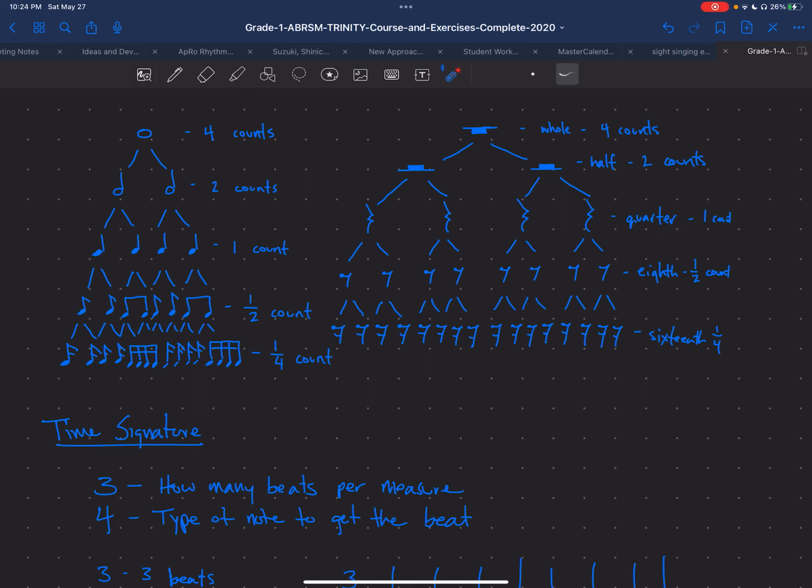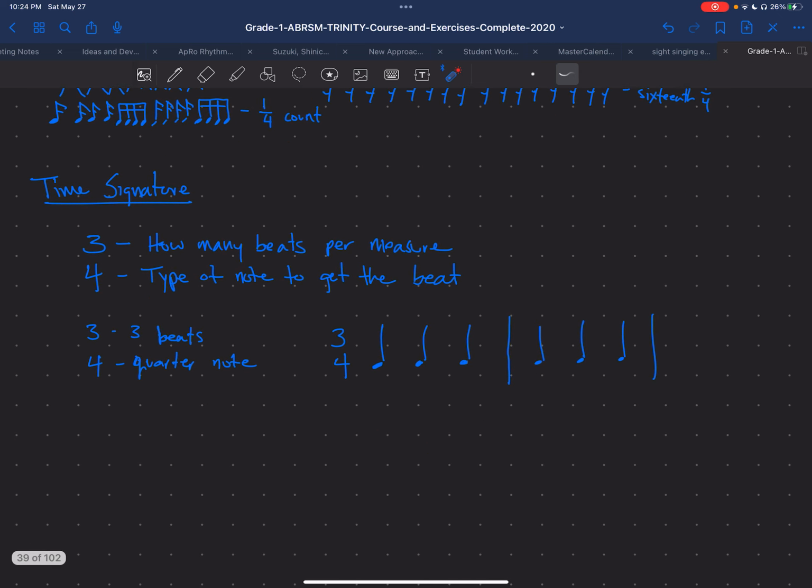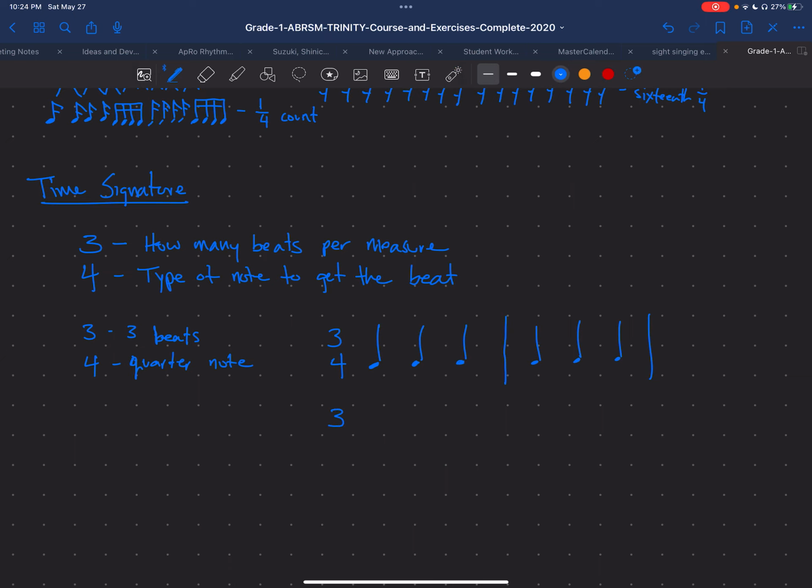So we could have 2 eighth notes, we could have 4 16th notes, we could have any combination of those for each beat, meaning that on our note values here, we could also have a 3/4 measure that has a quarter note, 2 eighth notes, and 4 16th notes. That's still a 3/4 measure. Then we would have a bar line.